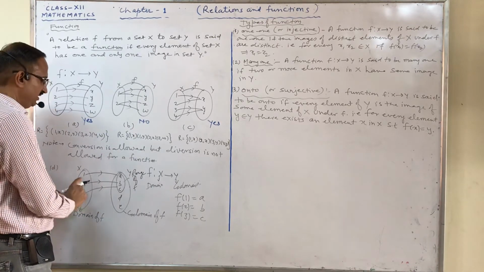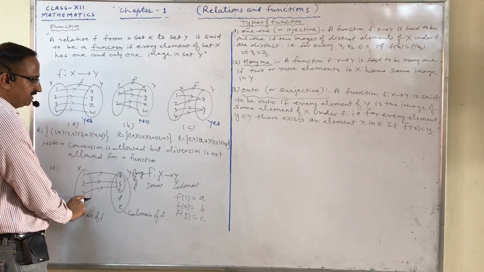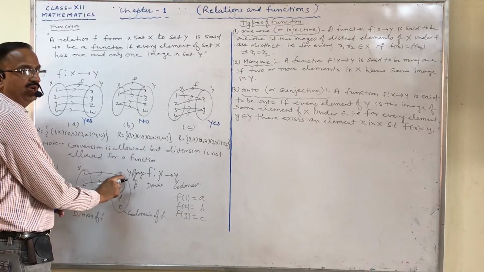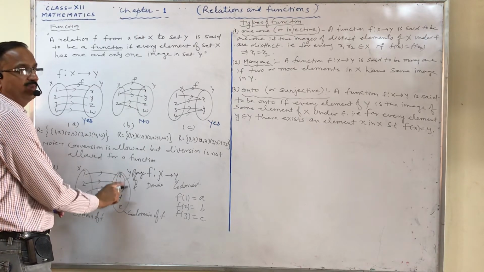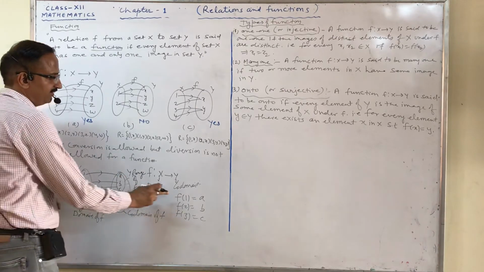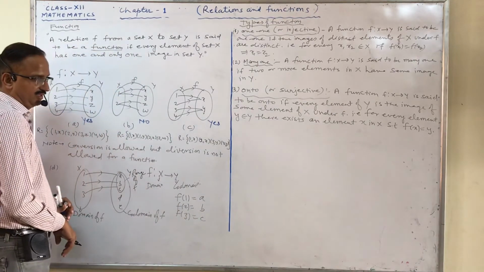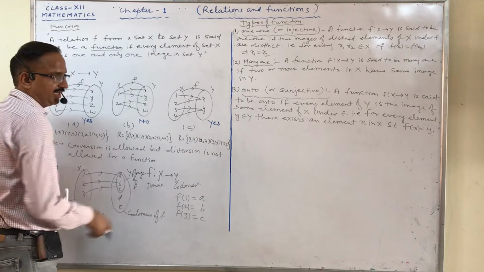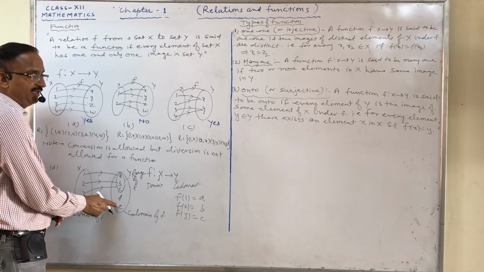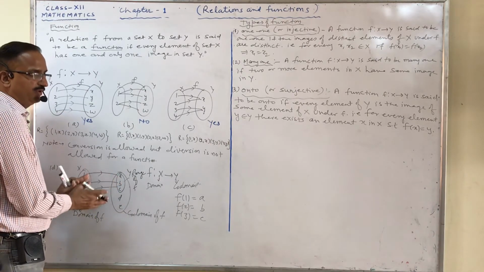This is one-one because every element of set X has one and only one image, that is, different images. The image of 1 is A, the image of 2 is B, the image of 3 is C. So this is the case of one-one. But since these two elements are free, this is not an onto function.